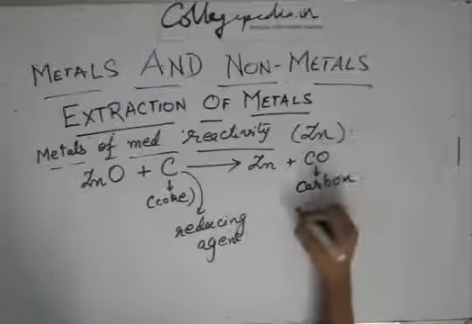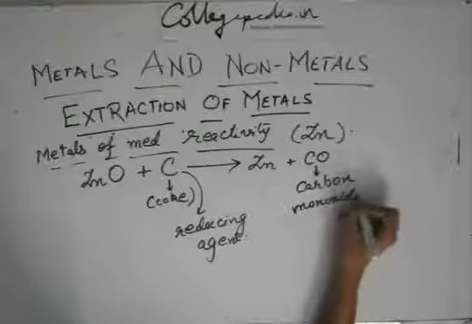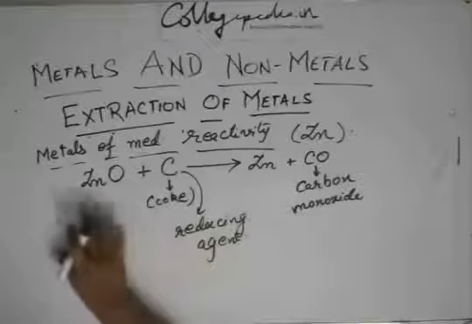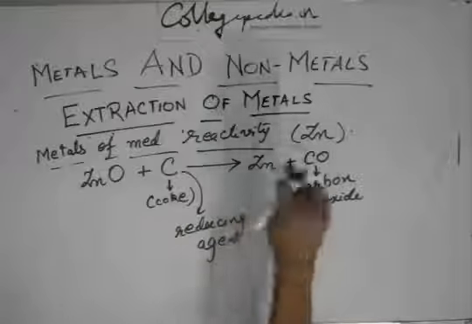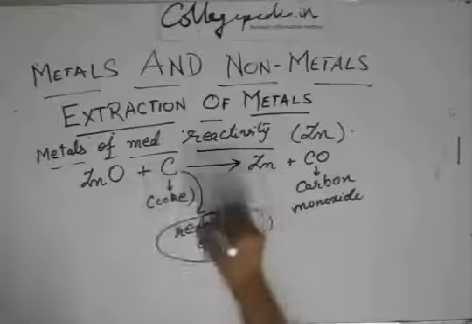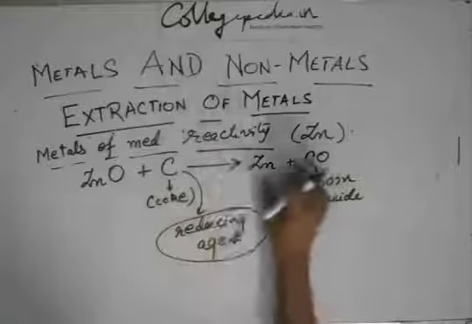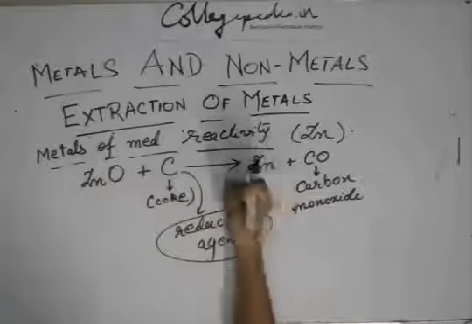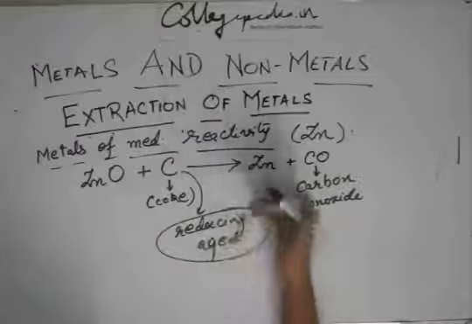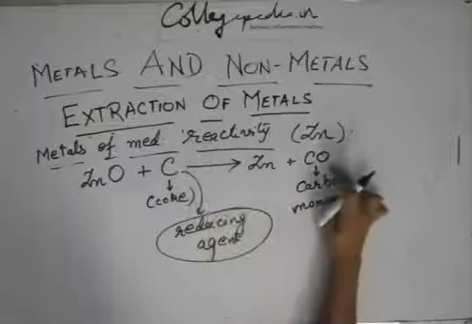Carbon monoxide. So a simple reaction, just ZnO plus C will give Zn plus CO, and carbon is used as a reducing agent because carbon takes away this oxygen from zinc, and since it snatches away this oxygen, zinc is deprived of oxygen, so it gets reduced. And who is doing this? Carbon, because it is taking away the oxygen and forming carbon monoxide.